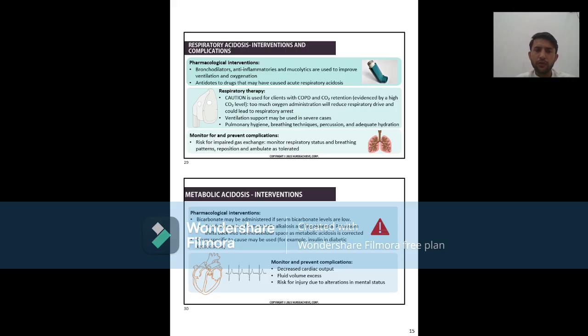Metabolic acidosis intervention. Pharmacological intervention such as bicarbonate is commonly used in the clinical setting. If serum bicarbonate levels are low, carefully monitor for metabolic alkalosis and hypokalemia, which is associated with metabolic acidosis. Potassium shifts back into the intracellular space as metabolic acidosis is corrected.